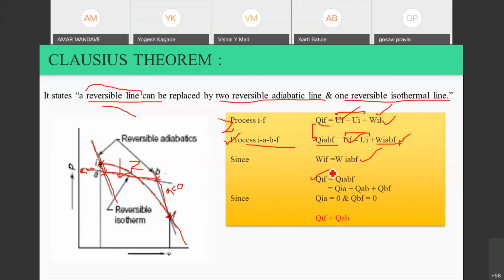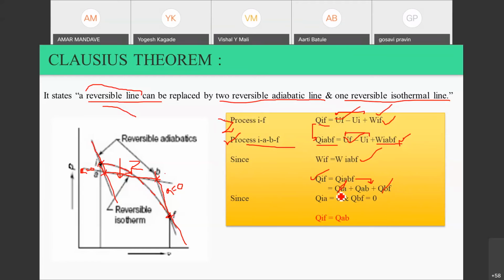Okay, we can again split this heat interaction into QIA plus QAB plus QBF, and as we know, process BF and process IA are reversible adiabatic processes, so there will be no heat interaction.